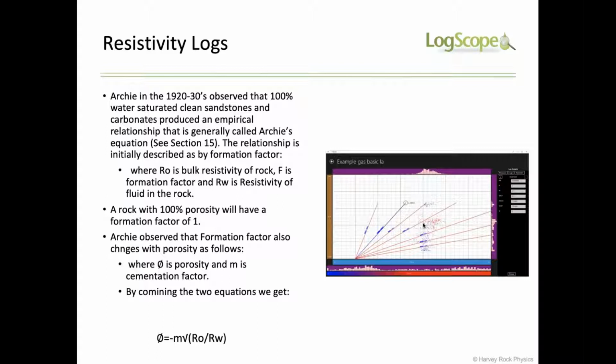Basically what it says is that the resistivity that you see in the rock is proportional to the volume of fluid in the rock and the type of fluid in the rock.